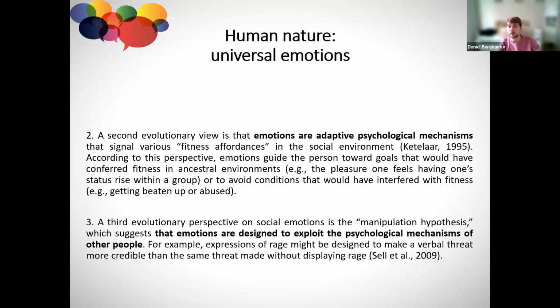Of course, in modern society, threatening other people and openly showing anger probably won't provide you with much profit. You probably will be socially penalized for that because it's considered to be dangerous and offensive. But 200,000 years ago, a threat which could replace a physical fight could save your life.